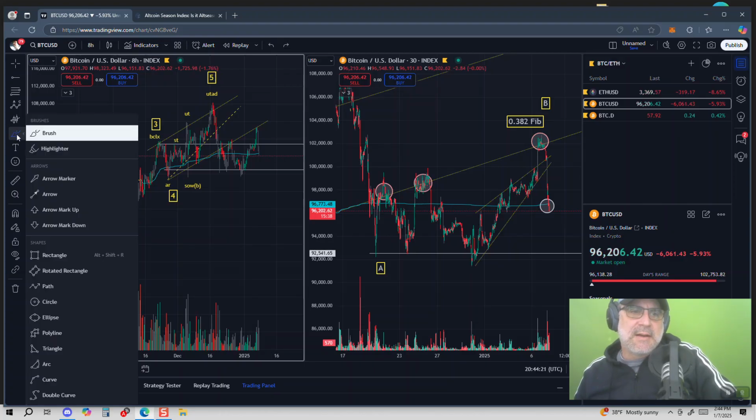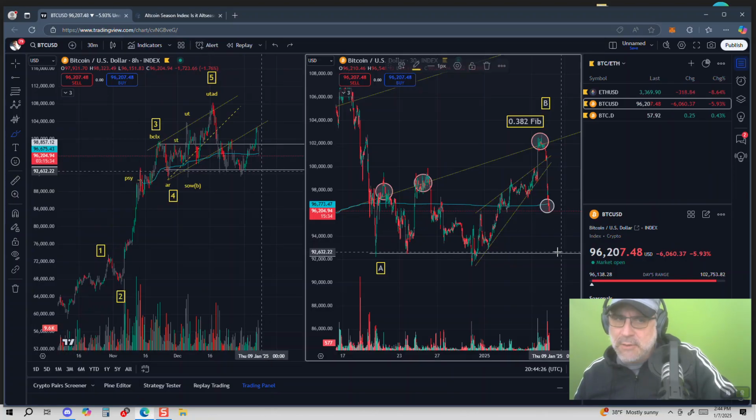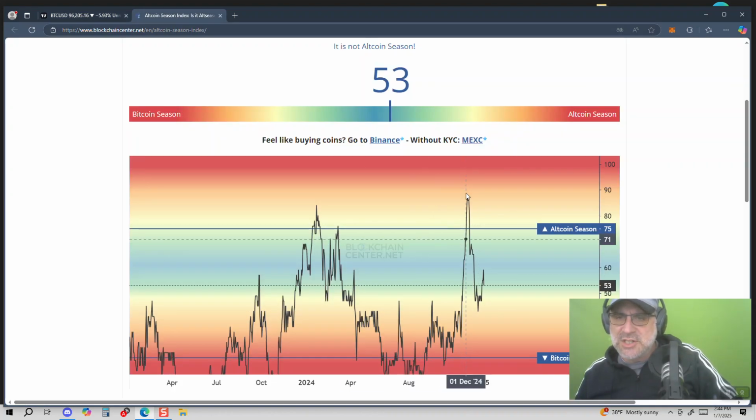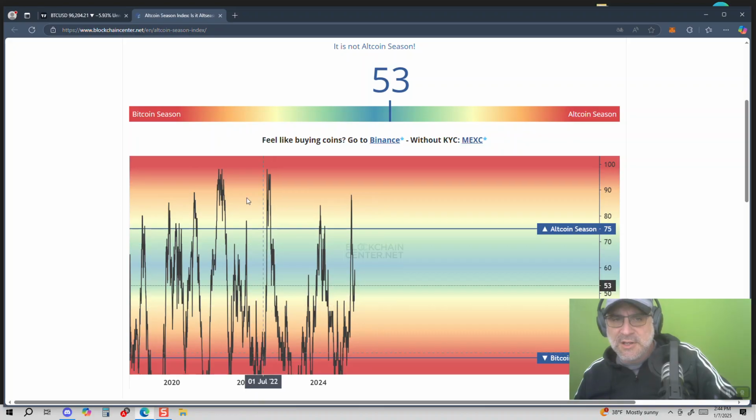And if we happen to break this juncture here, like we talked about, this range support, then that's when we see the altcoin dominance just go through the roof, like we see here historically.